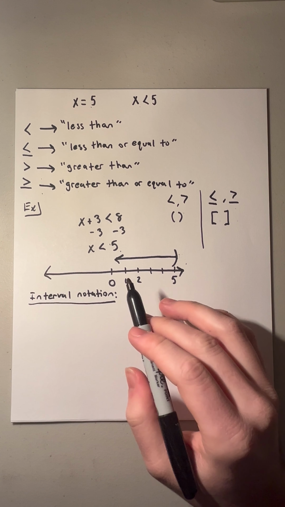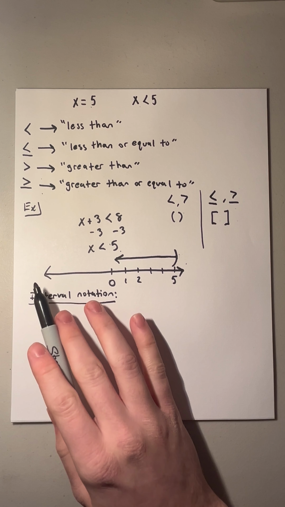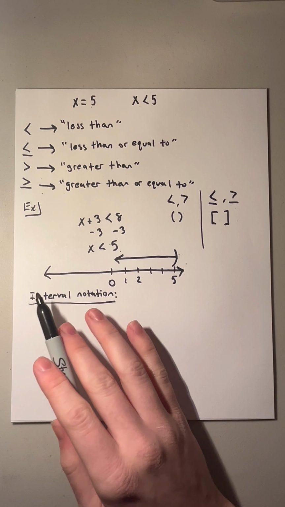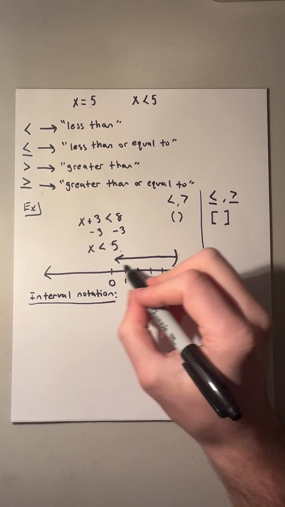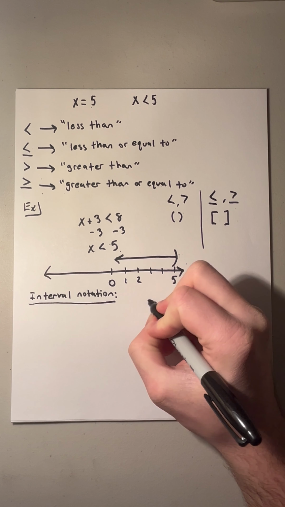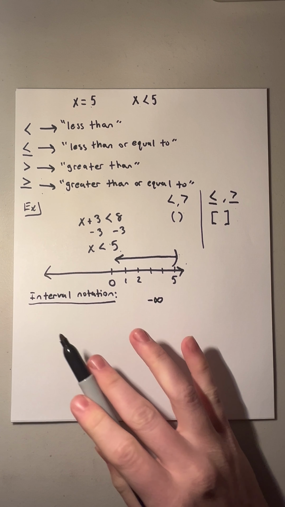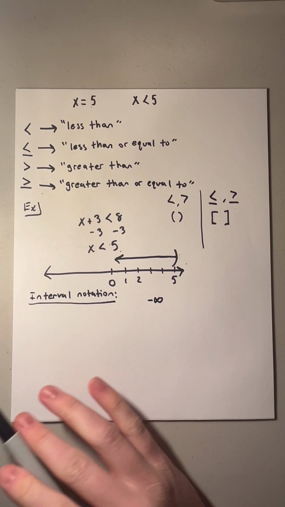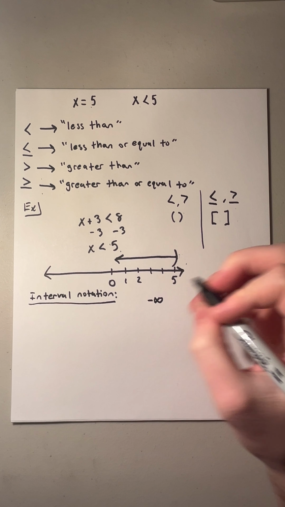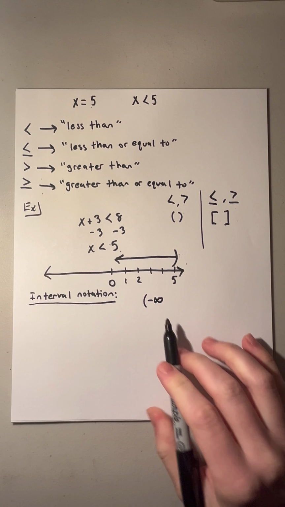It's a little bit confusing, but we're going to start with the left value that we have. Technically this left value, since it goes on forever, is negative infinity. Anything less than 5 up until negative infinity works as a solution, so our left bound will be negative infinity.